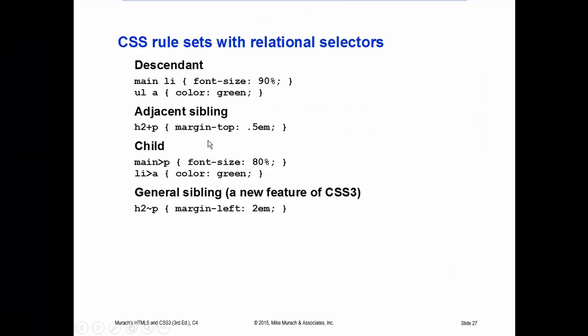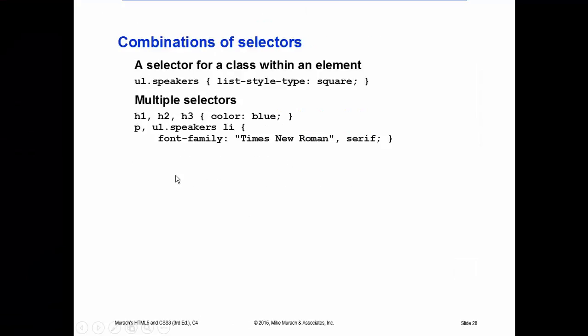Again, you're going to learn this kind of stuff by starting a new document and playing with it. This says any UL that has a class of speakers, do this. This says for all H1 tags, all H2 tags, and all H3 tags, do this.